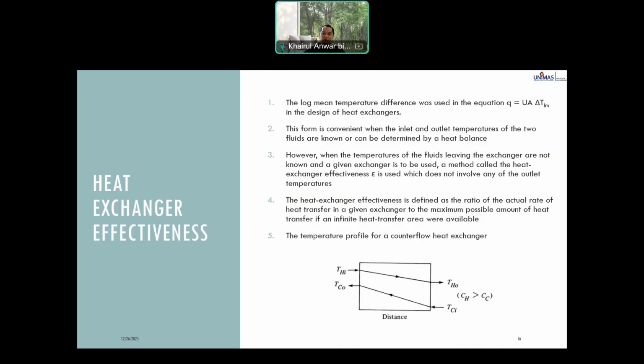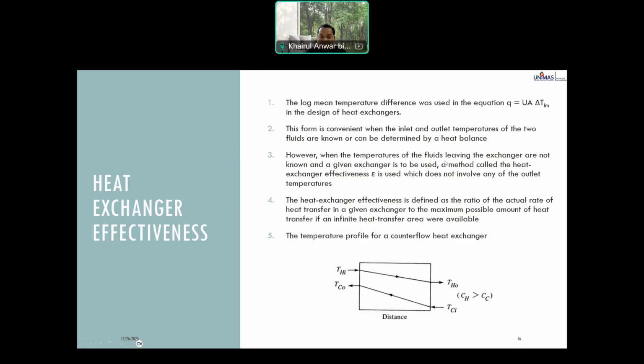The log mean temperature difference was used in the equation Q equal to UA ΔT_lm, where lm is log mean. This form is convenient when the inlet and outlet temperatures of the two fluids are unknown and can be determined by a heat balance.